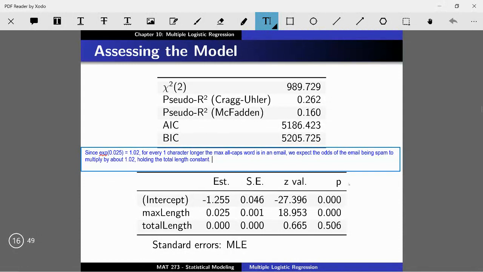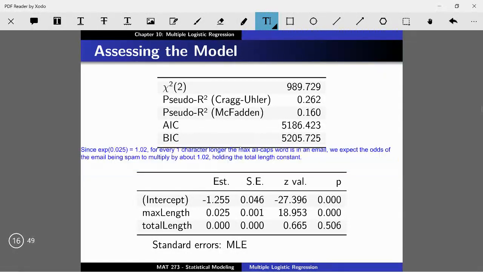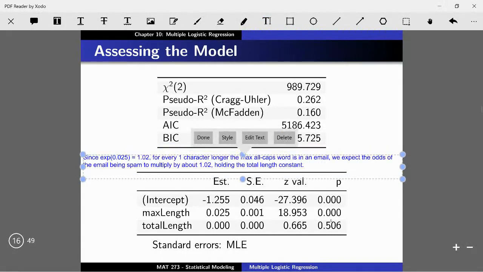I guess that's a little bit weird here because if the max length increases in total number, and it's involving capital letters as well, so if this increases, this total length would increase by 1 as well. So that's a little bit of a weird example here, but this interpretation still is the best way to interpret it here.